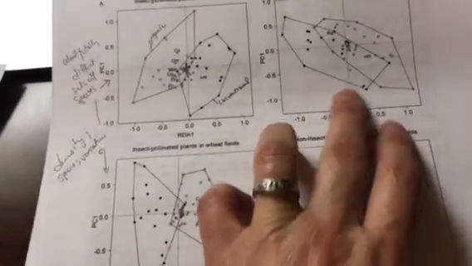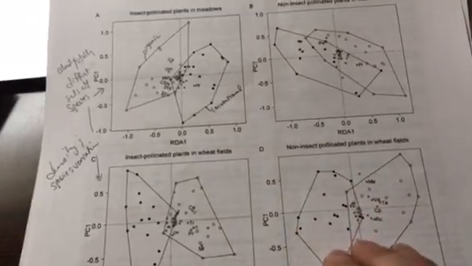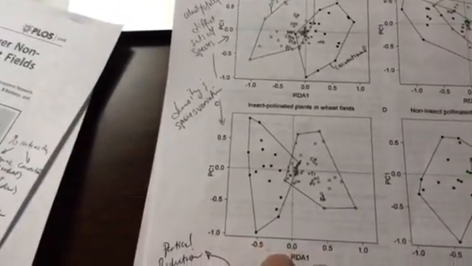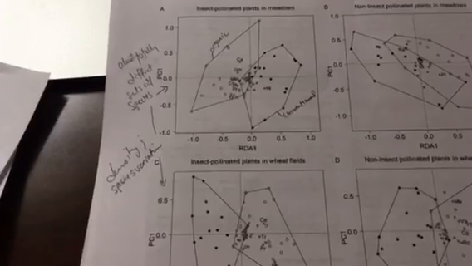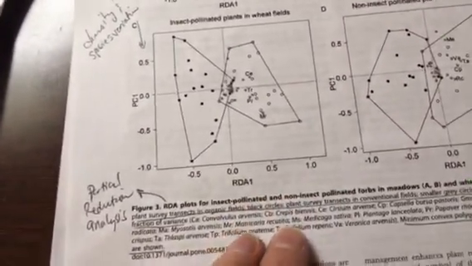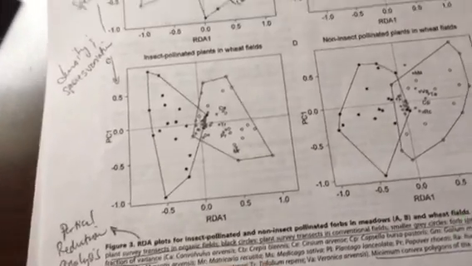Now, I'm not quite sure what this is showing, but essentially in wheat fields we get less variation, in meadow fields more or less. So the RDA plots are still a little bit of a mystery to me. They're a statistical analysis process. So they're basically reducing down some of the information, trying to take a lot of these tables and go through them.